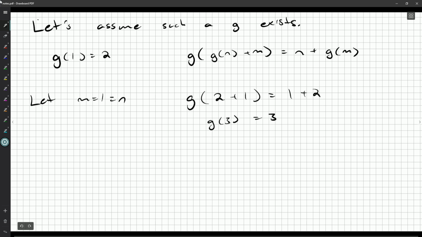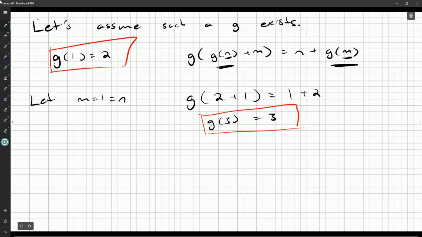I don't know. Okay, but we do have another number to work with. So now we could do things like make n 1 and g 3. We can only use n's and m's that we have g's for. Otherwise, you're going to have quite a mess. Like we can't do g of 2 plus 3 because I don't know what g of 2 is. So that's making it too difficult for ourselves. So we can try both of them.